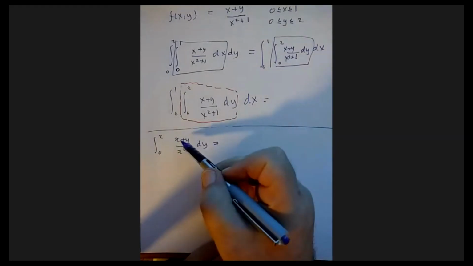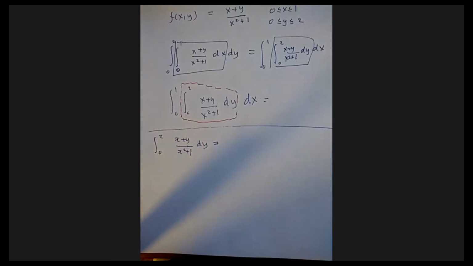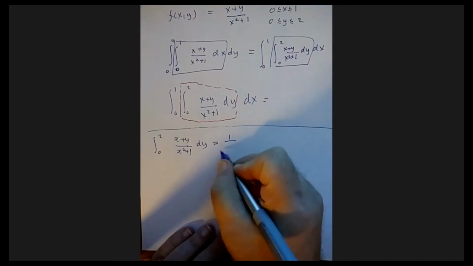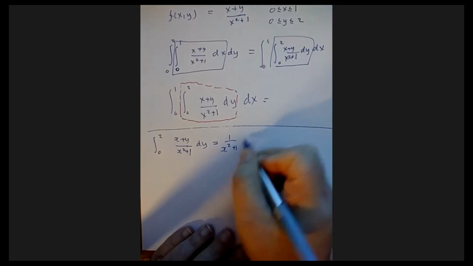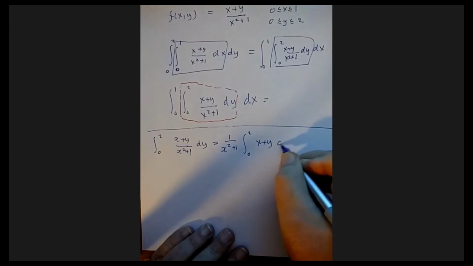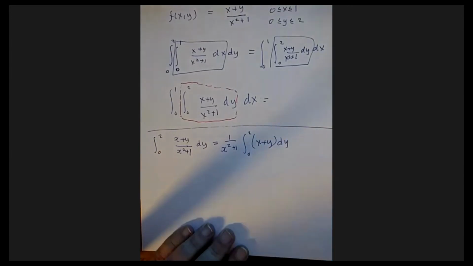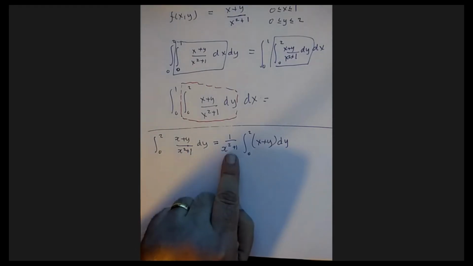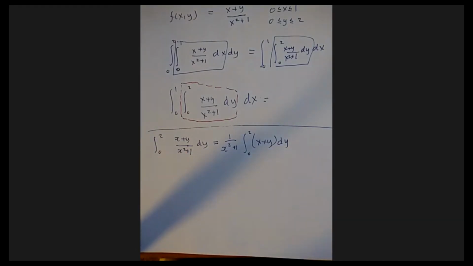And I need to figure out how I'm going to tackle this integral. This is like (5 + y) over 26, right? It's really not a very ugly thing to integrate, but it is quite awkward to integrate the way it is written, okay? So I'm going to show you my approach to this question. Do you see that I've pulled out this x squared plus 1 as a fraction, 1 over x squared plus 1?